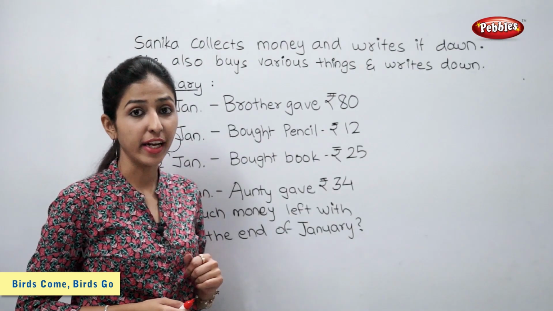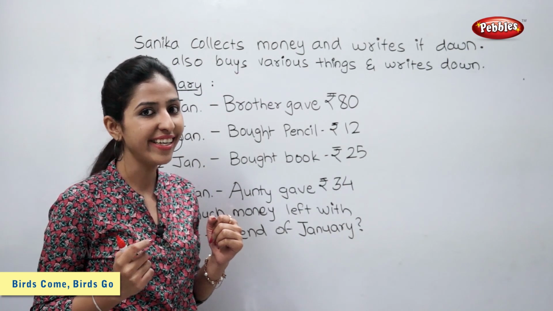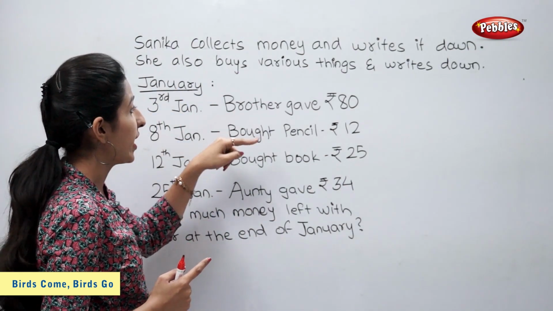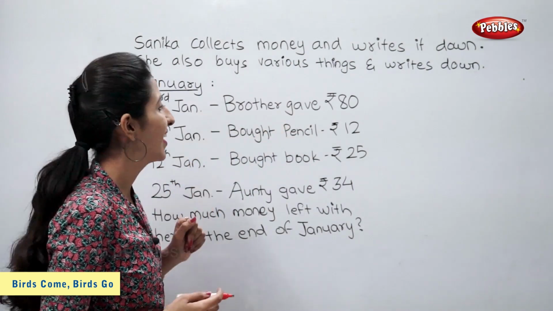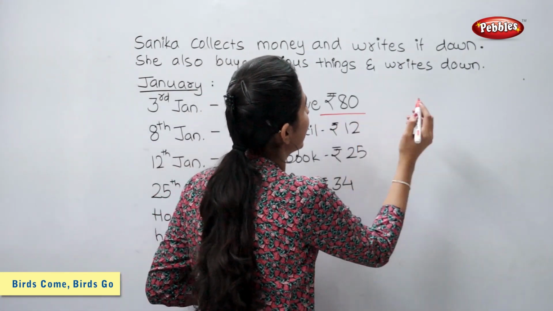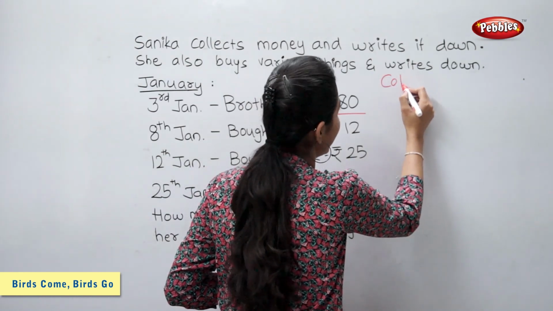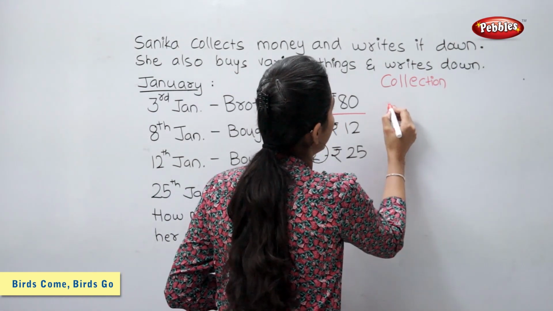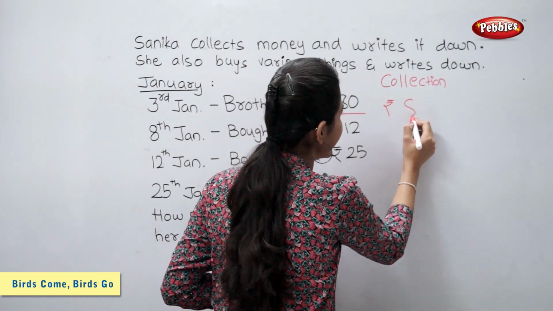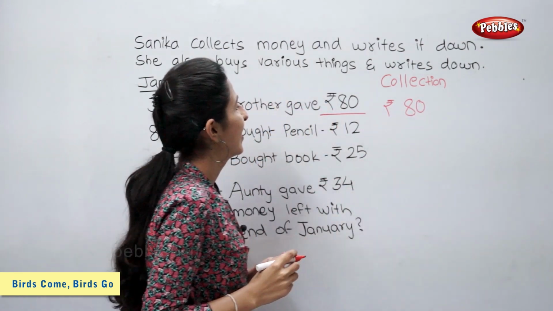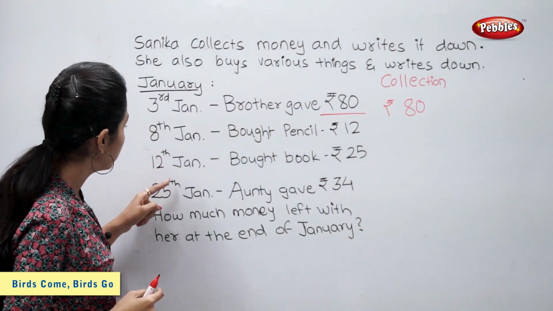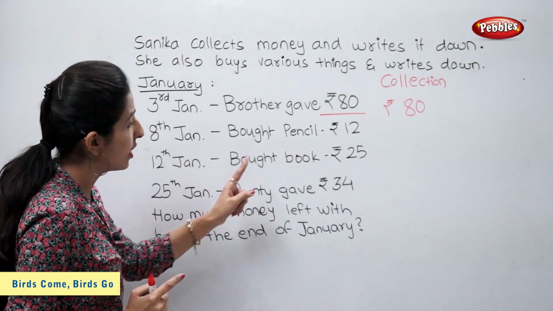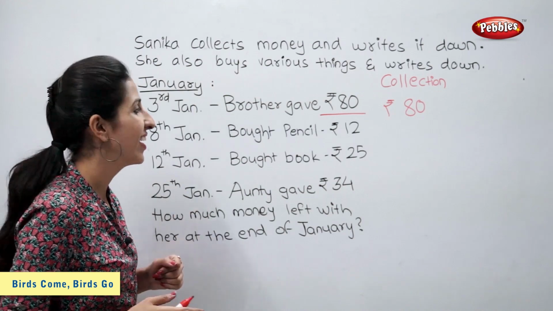First, let us find out the money she collected. On 3rd January, brother gave her rupees 80. Collection: rupees 80. On 25th January, auntie gave her rupees 34.